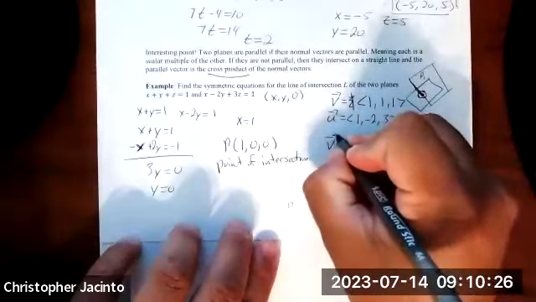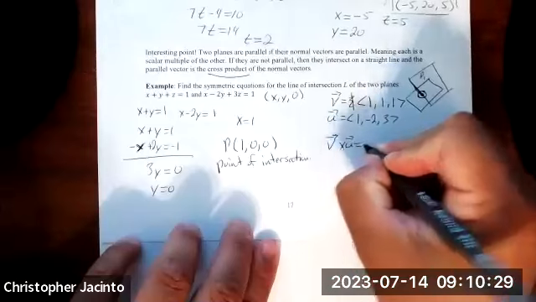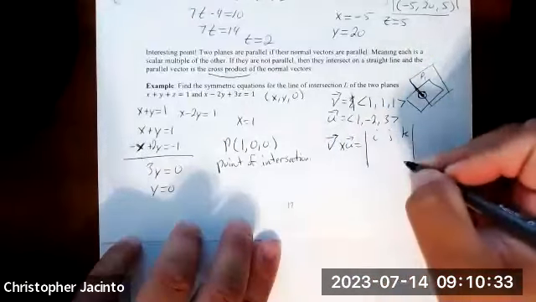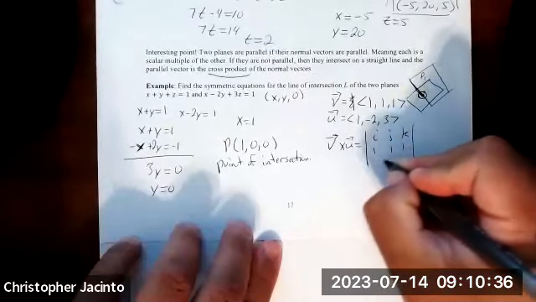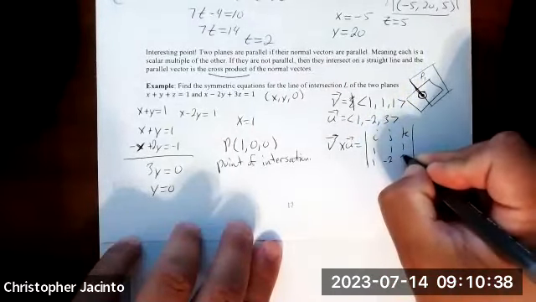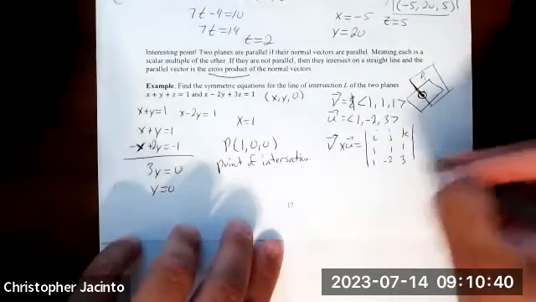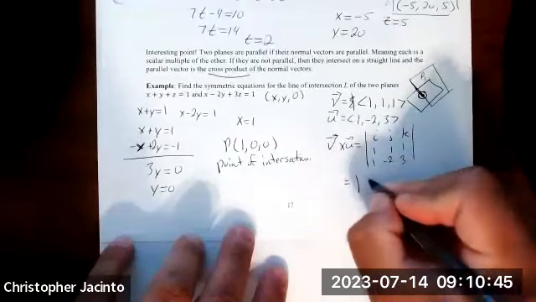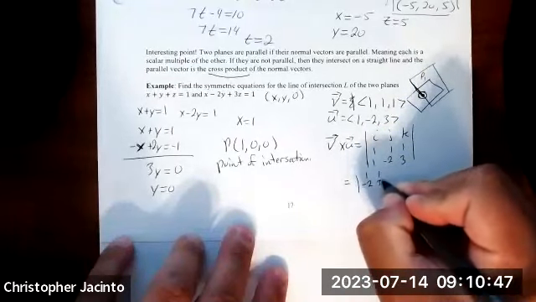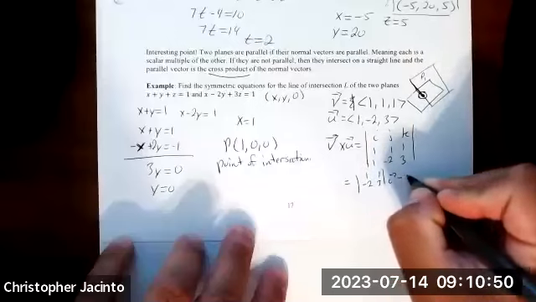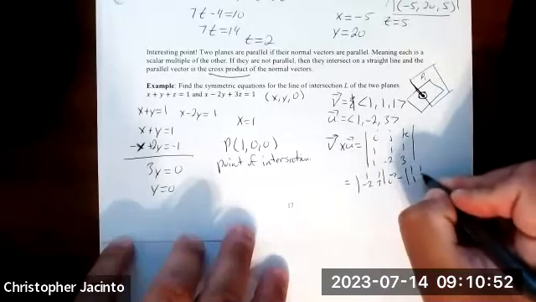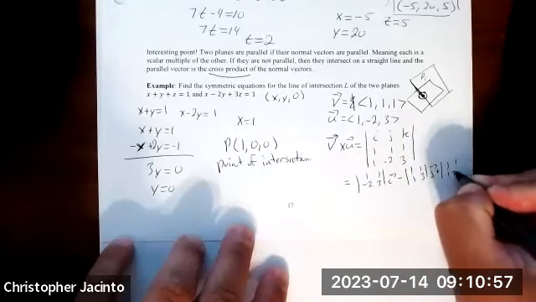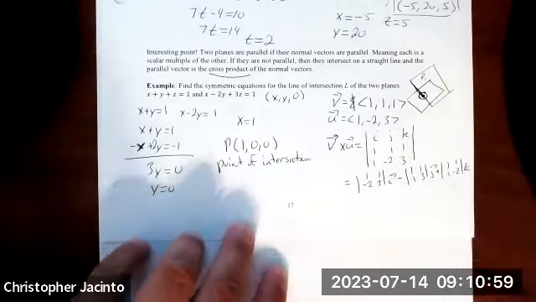So the cross product of vector v and u. This is going to give us 1, -2, 1, 3 i minus 1, 1, 1, 3 j, and then 1, 1, 1, -2 k.